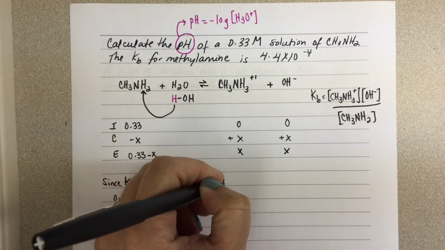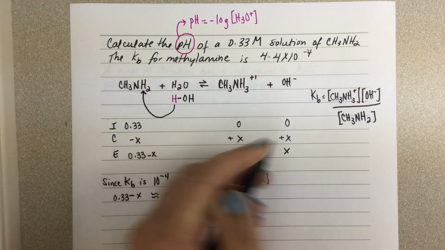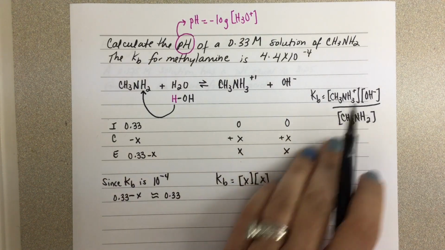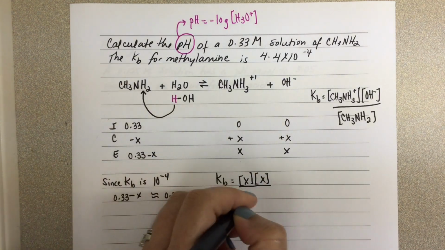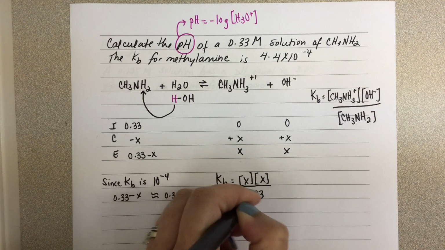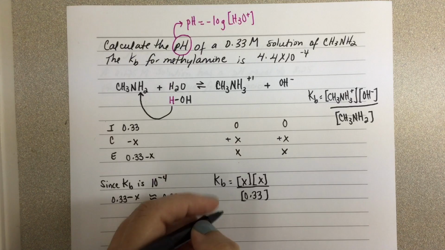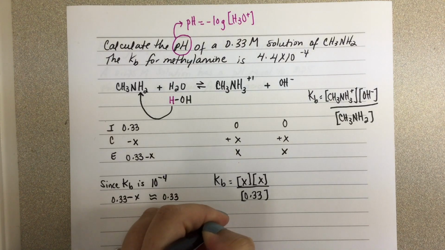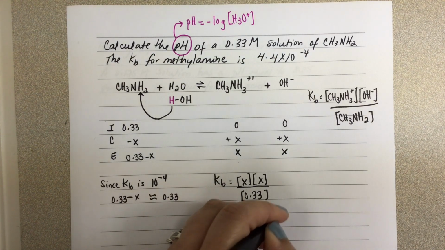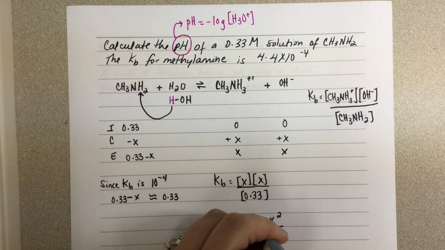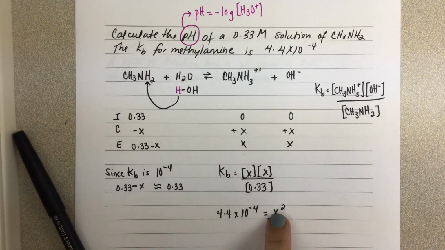So in my Kb, I have X times X, these two, over 0.33 for this one here. The value of Kb is 4.4 times 10 to the minus 4. That will be equal to X squared over 0.33. So now we can solve for X.